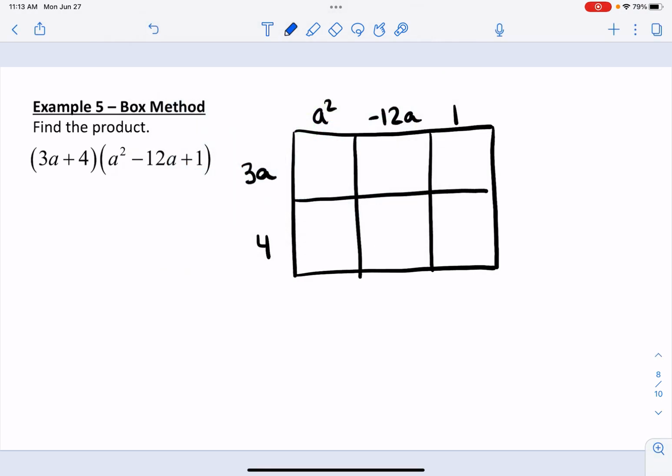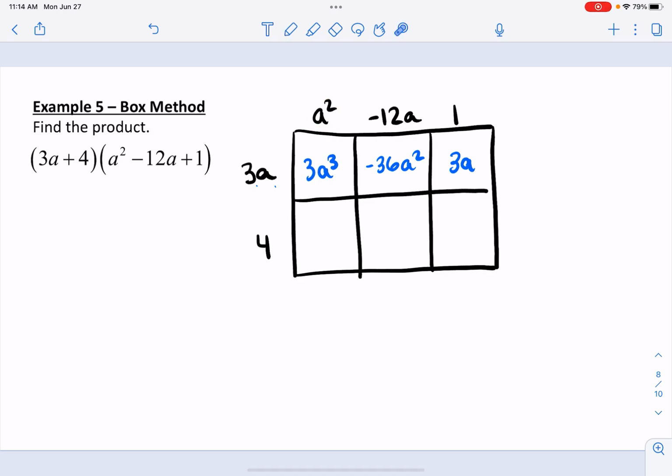Now what you have to do is you just have to multiply. 3a times a squared, 3a to the third. 3a times a negative 12, well that's a negative 36a squared. 3a times 1 turns into a 3a.